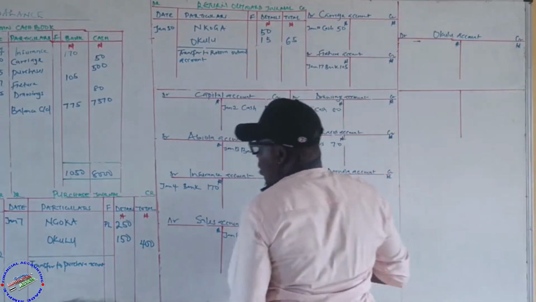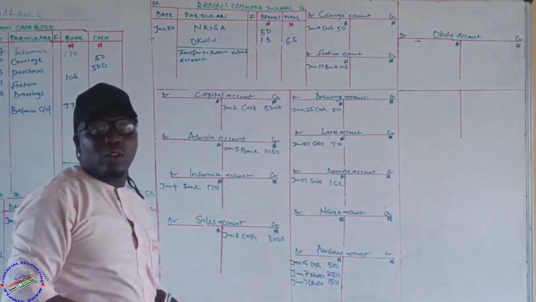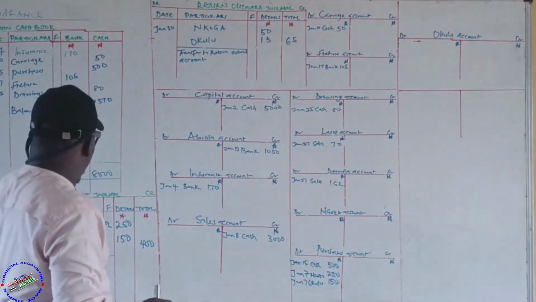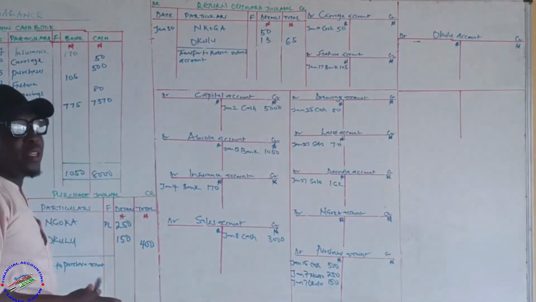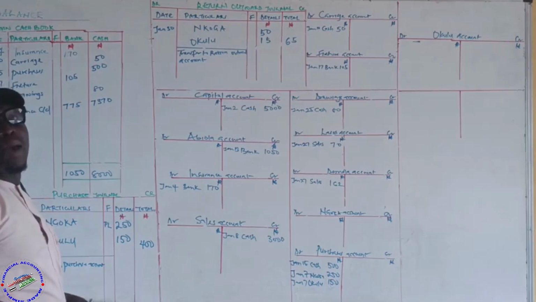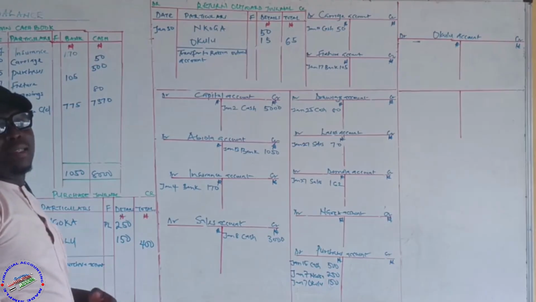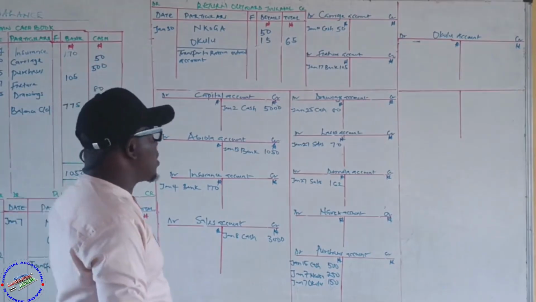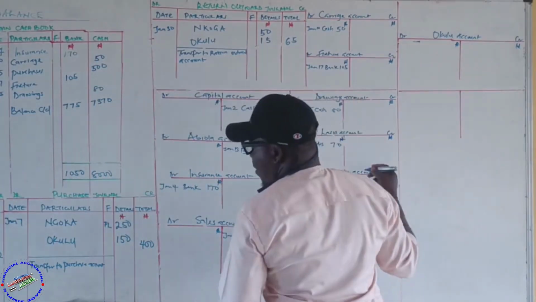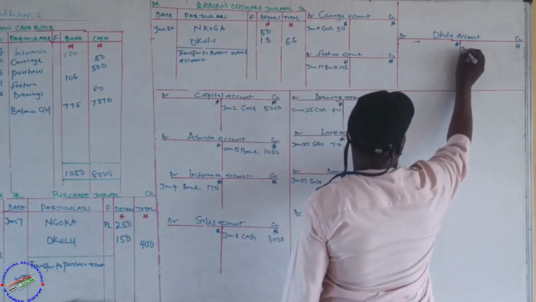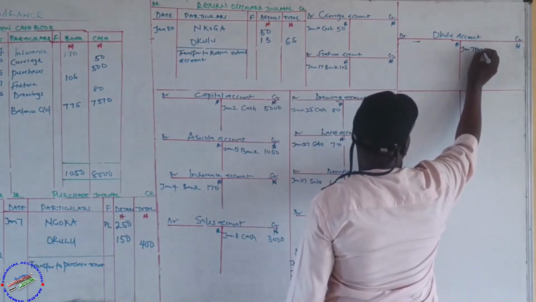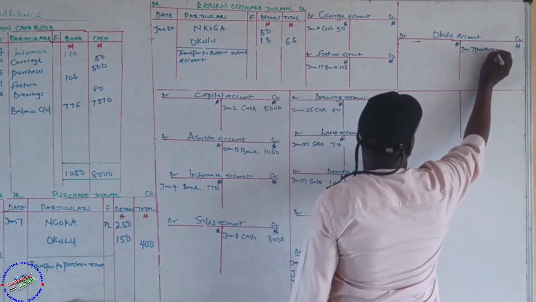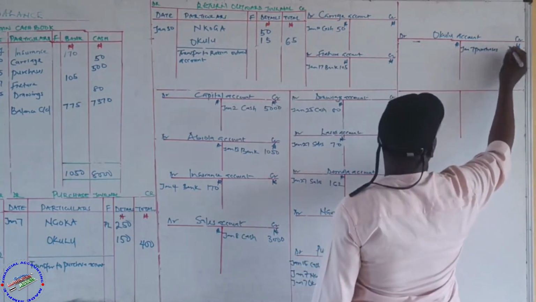By the rule I made mention of, the rule of the purchase journal is to debit the purchase account and credit the individual account. So here I have January 7, purchases, that's 250.